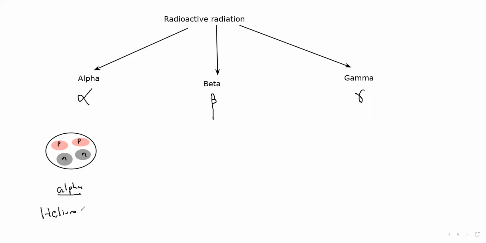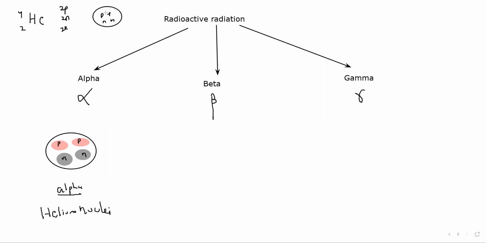Why do we call the alpha particle a helium nucleus? Because it resembles the nucleus of helium. Because what is helium? Helium is He, which is 4 and 2. So when we write, it contains two protons, two neutrons, and two electrons. So inside the nucleus, we have two protons and two neutrons.